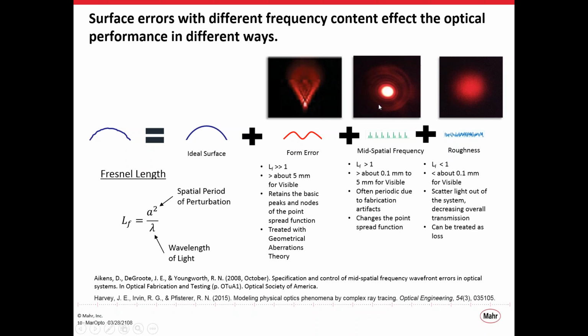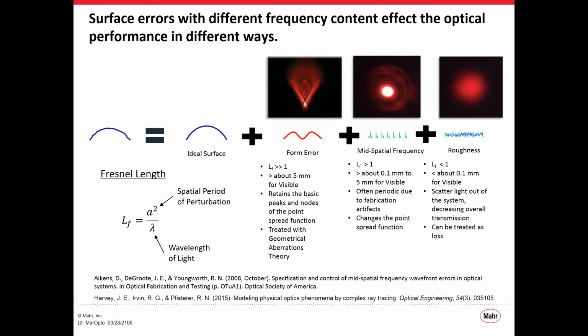And then there's this third regime, the mid-spatial frequency regime, sometimes referred to as waviness. These errors result in significant performance degradations in the system, and they're really, really hard to model and predict. The errors are often periodic in nature and can act more like diffraction gratings.